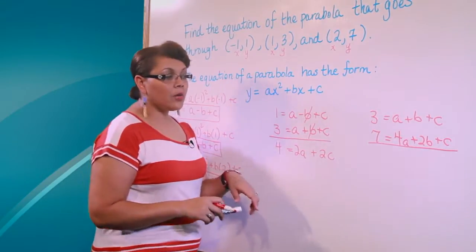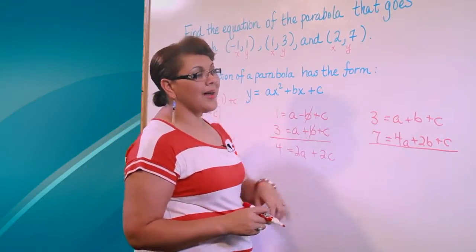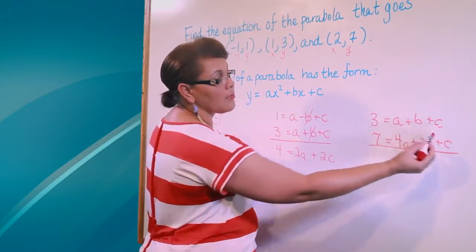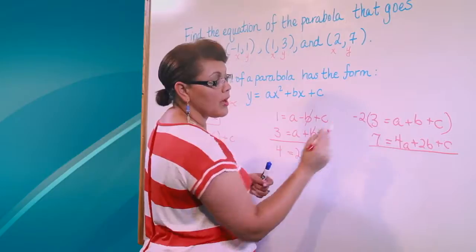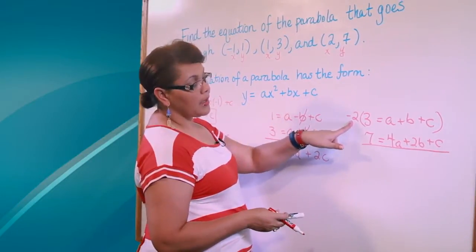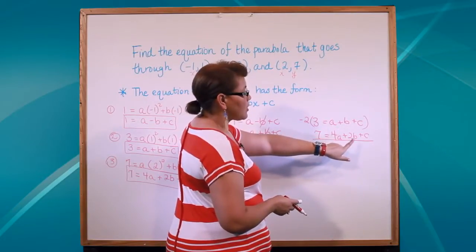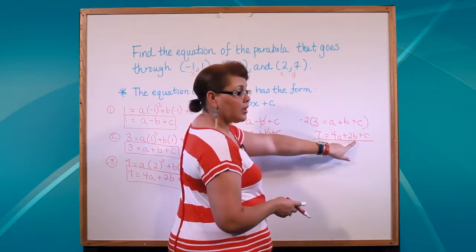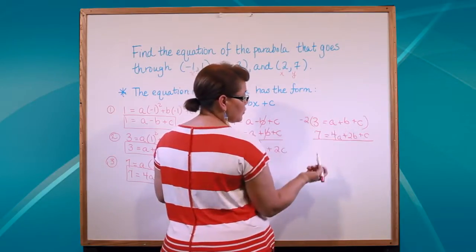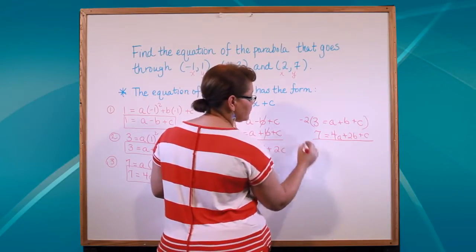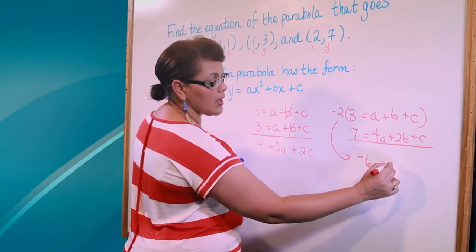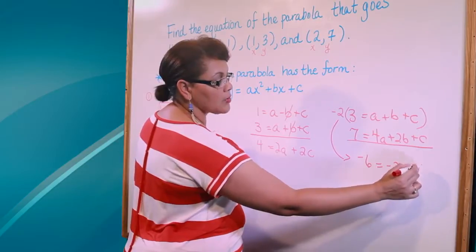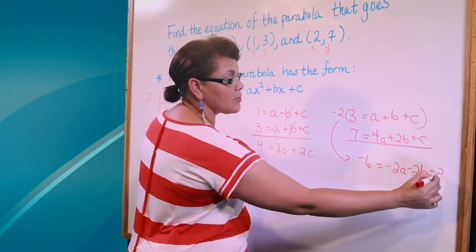Now I notice that in order to eliminate the b variables, I need to multiply the second equation by -2. I chose -2 because to eliminate the b variables, I need the opposite of 2b, which would be -2b. So this gives me -6 equals -2a, -2b, and -2c.